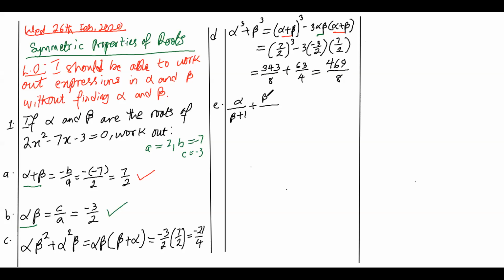Anyway, so this is beta over alpha plus 1. What do you suggest we do first here? Anyone? Again, what is the goal? Can someone remind me the goal? To have alpha beta or alpha plus beta. Exactly, that's the goal. So just the first thing you could think of is combine it as a single fraction.